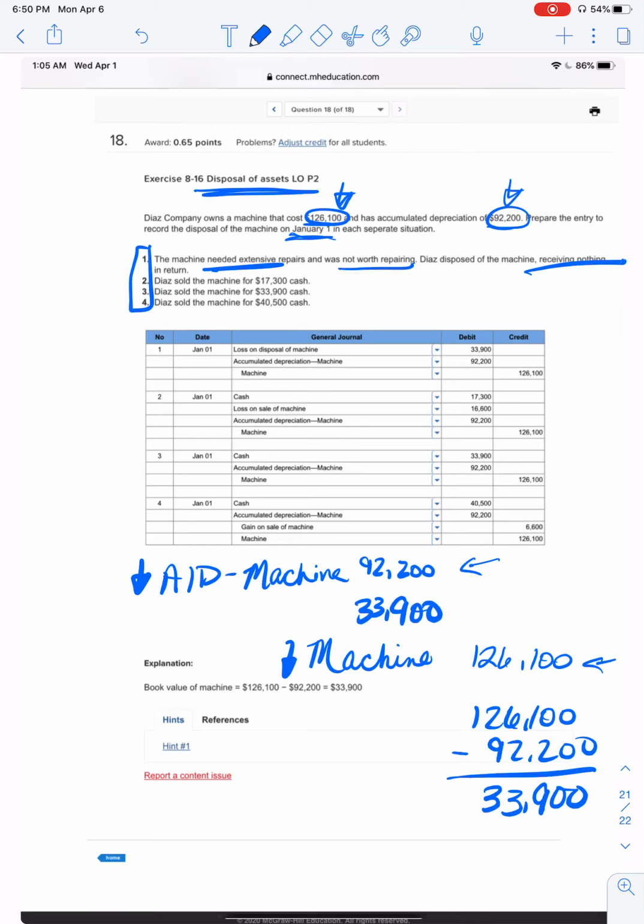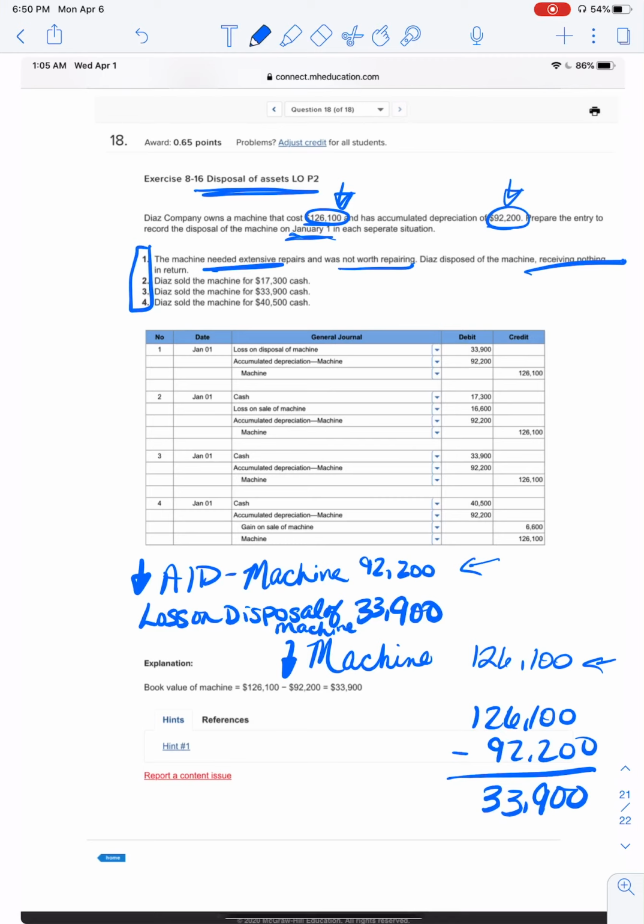And see, by skipping that line in the middle, it allowed me to figure out all the debits and credits I know from the facts and then figure out, well, where do I need to put this last piece? So it lets me do that pretty easily. So now I say, okay, well, that's great, but what account does that actually hit? And in this case, what we're going to use is loss on disposal of machine.